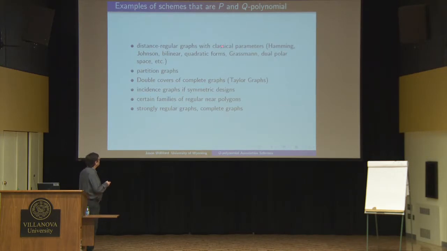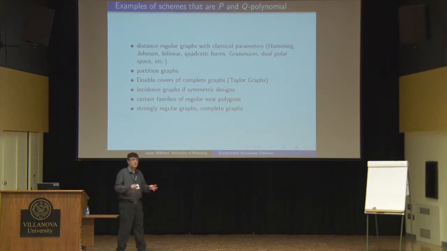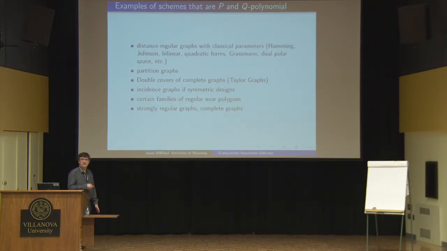But Neumaier noticed that actually many of these graphs could be written in terms of 4 parameters, and they define the so-called classical distance regular graphs, which don't necessarily have big groups associated with them. It's a condition on their parameters. And they're all Q polynomial, and many interesting objects are there. Hamming, Johnson, but also many graphs from finite geometry, like dual polar space graphs, are in this family.